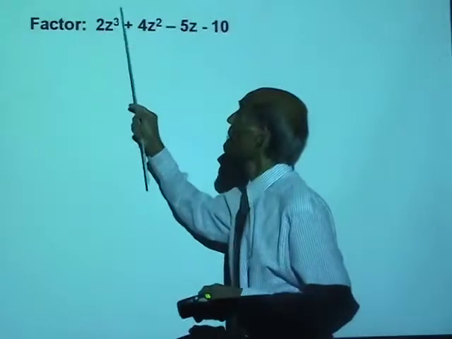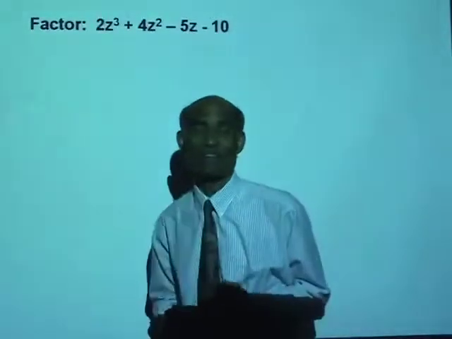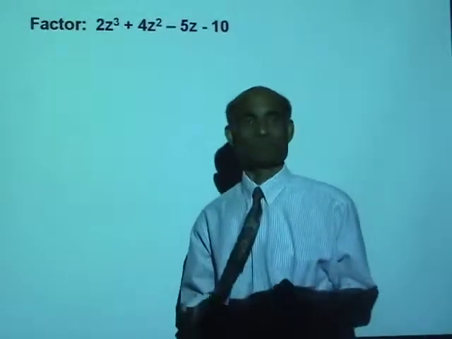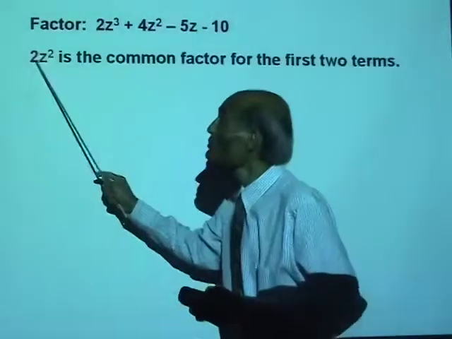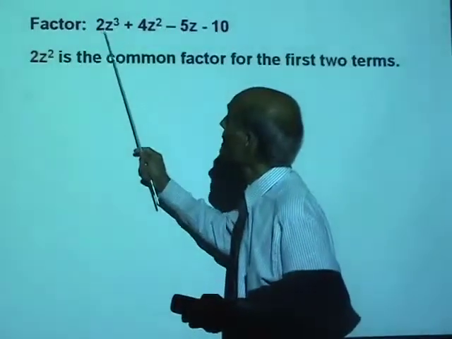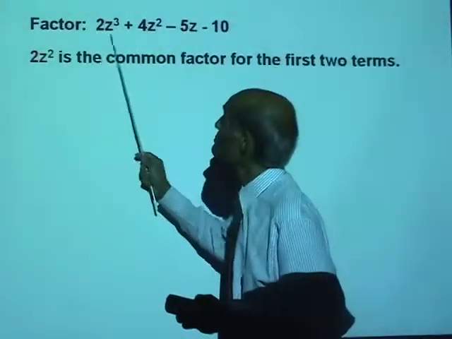2z cubed plus 4z squared. What is the common factor there? It is 2z squared. So 2z squared is the common factor in the first two terms.